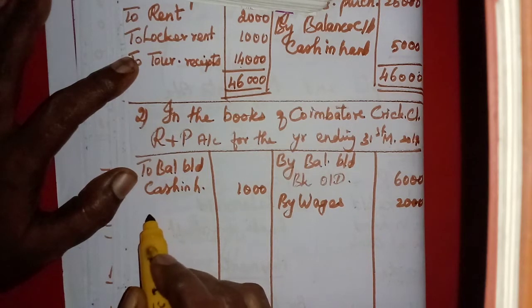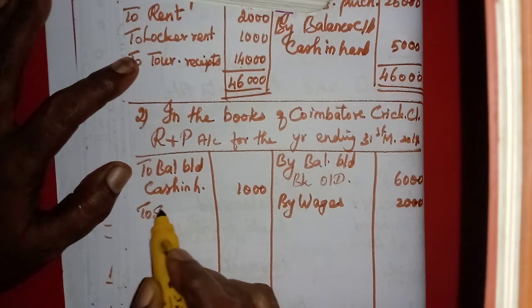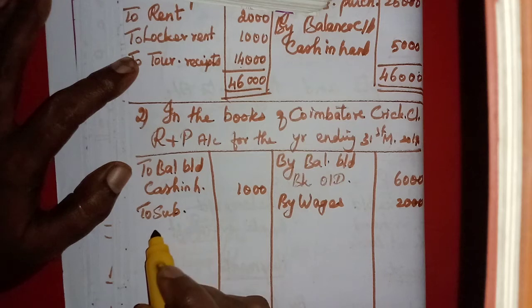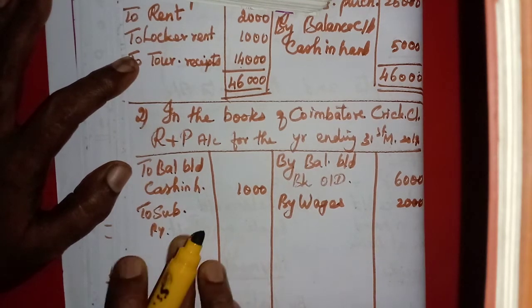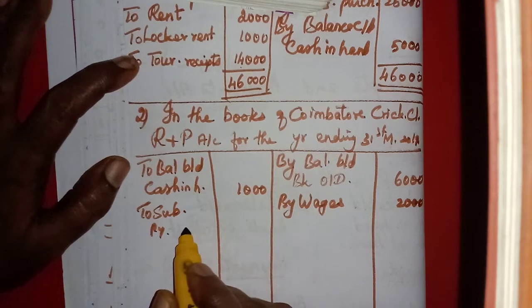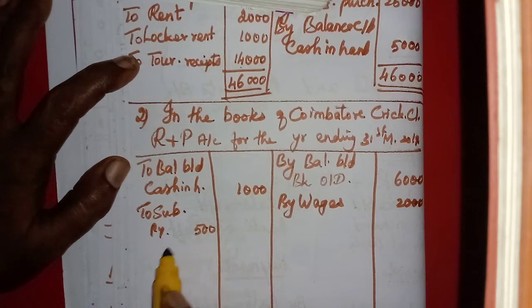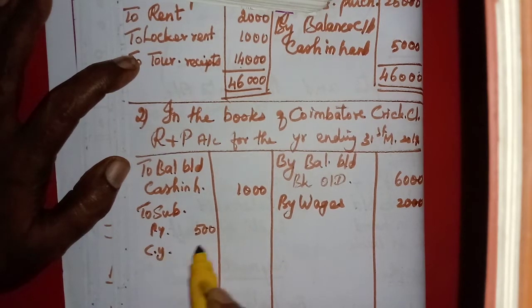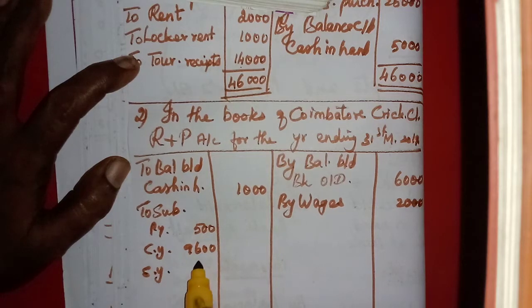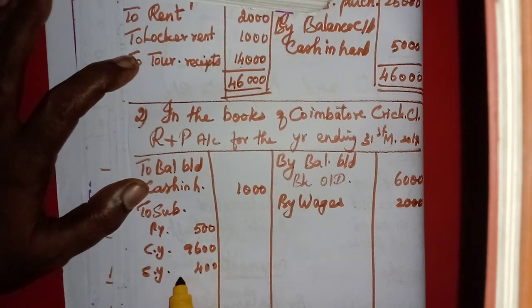Subscription received, to subscription. Then here given previous year. See here one more column will be there. There we should write previous year 500, current year 9,600, then subsequent year 400. So 10,500 you should write here.